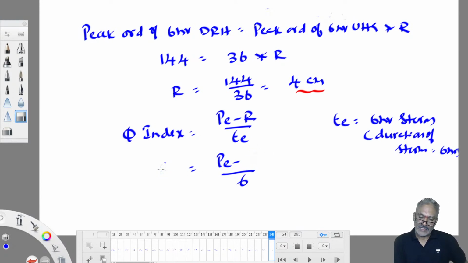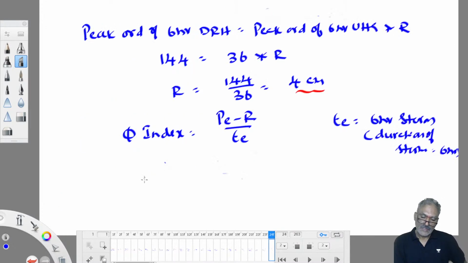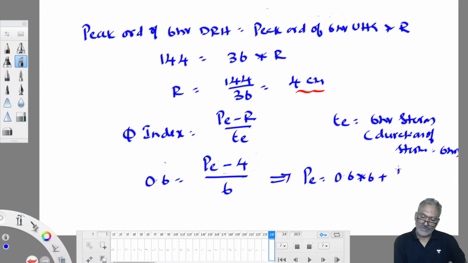So let us convert this into centimeters, which is equal to 0.6 centimeter per hour. So P, R is 4 centimeters, T is 6 hours. So P is equal to 0.6 into 6 plus 4. So it is 7.6 centimeter.